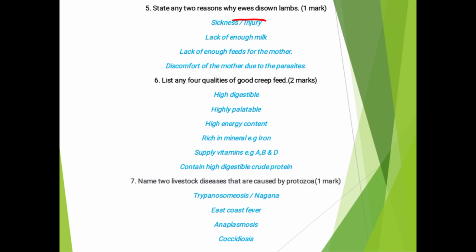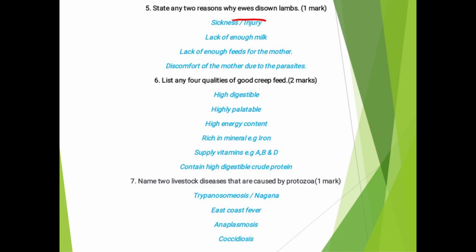Then when the mothers lack enough milk, they will also disown the lamb. Also when there is lack of enough feed for the mother, and when there is discomfort of the mother due to what? Parasites. Due to parasites. So you realize again it is very critical for us to control both internal and external parasites, as they can lead to the mother disowning their babies.